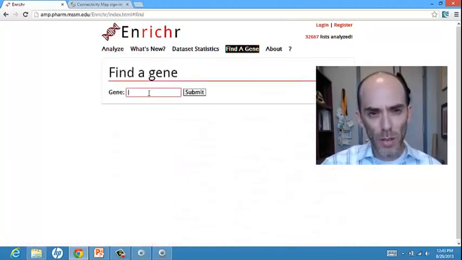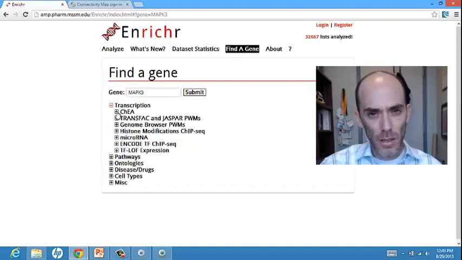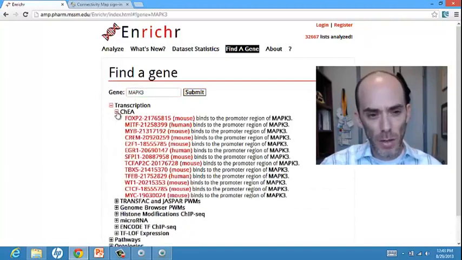So here you put a single gene. So for example, if I put MAPK3, which is also known as ERK1, one of those famous cell signaling components, I can obtain all the sets in the database that this gene belongs to.